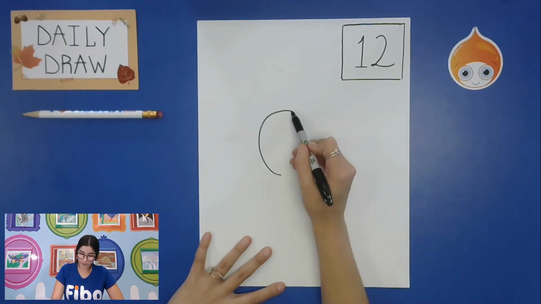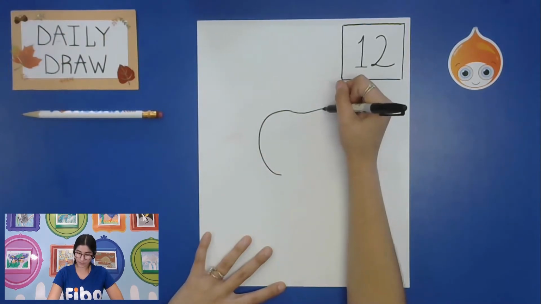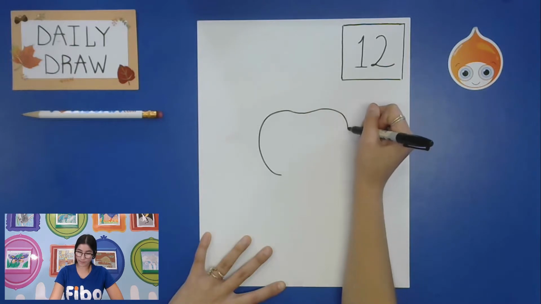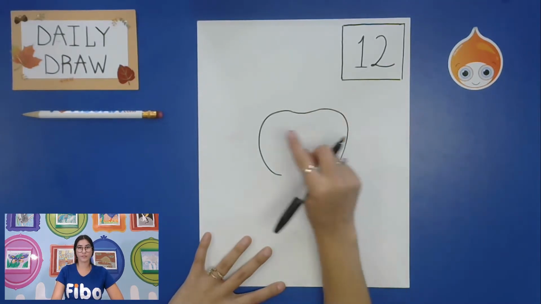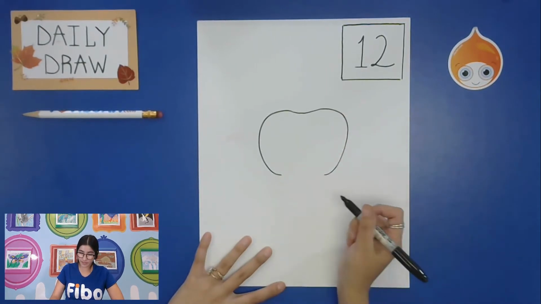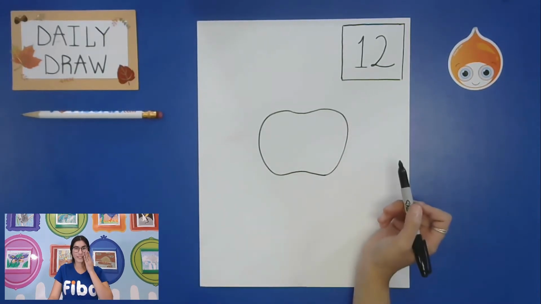And then at the top, curve that down like a letter U, and then bring that right back up with another curved line over on the right, and then bring that again in as you get to the bottom. So it should be bigger at the top than it is at the bottom. And then once you reach the bottom, you can go ahead and make a rainbow line. And there is our apple shape.